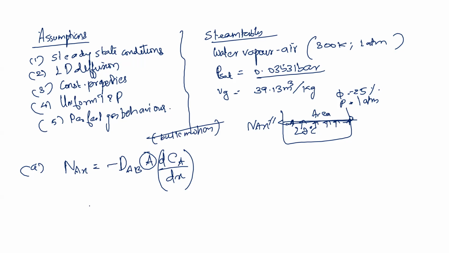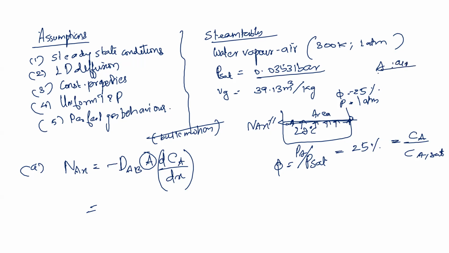So let us see how that will be estimated. So DAB value and phi equal to PA by P saturation, which is given as 25%, the ambient. And that is equal to Ca by Ca saturation. So A means which component? Yes, the outside air.